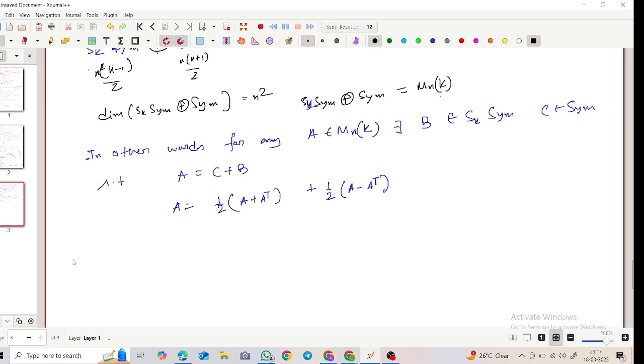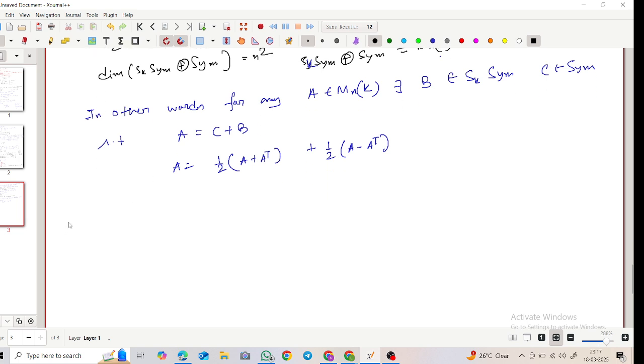So now let's take this example 3. This is not a finite dimensional vector space. I am taking F(R), the set of all functions from R to R. Maybe the notation is a little bit misleading.